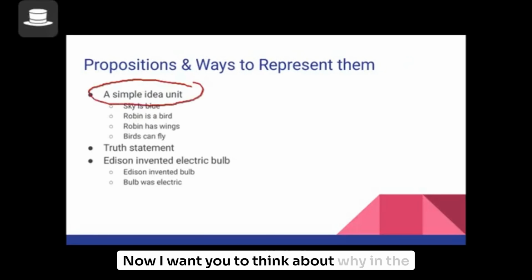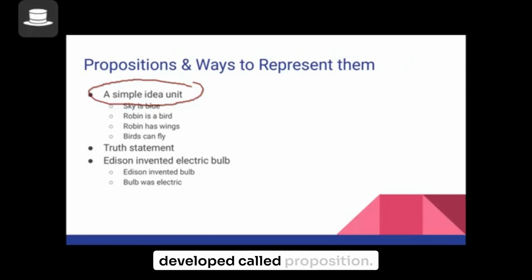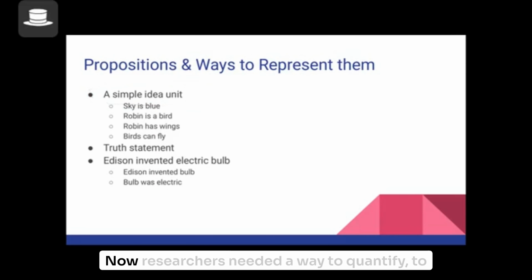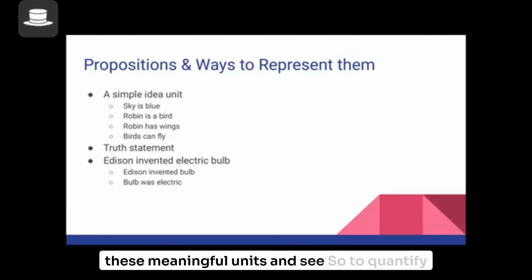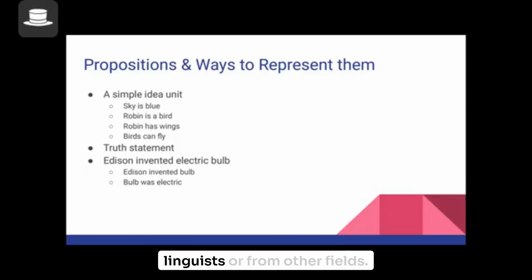Now, I want you to think about why, in the first place, this idea called proposition was developed. The researchers needed a way to quantify, to measure these meaningful units. So to quantify that, researchers came up with the idea of propositions, or they borrowed it from linguists or from other fields. And the idea is very simple.